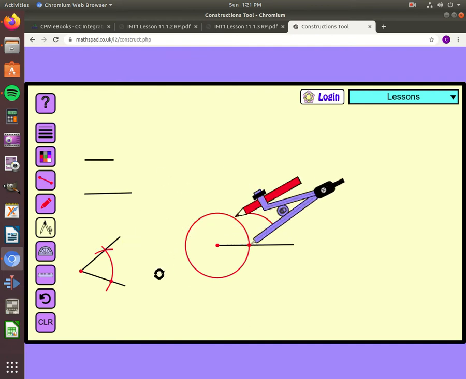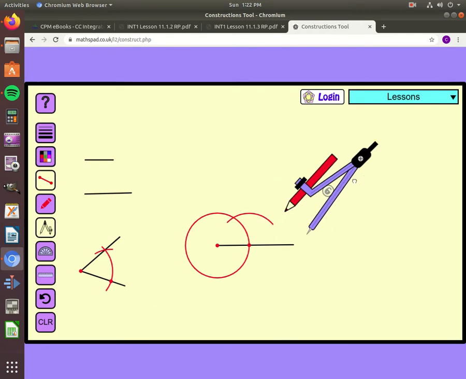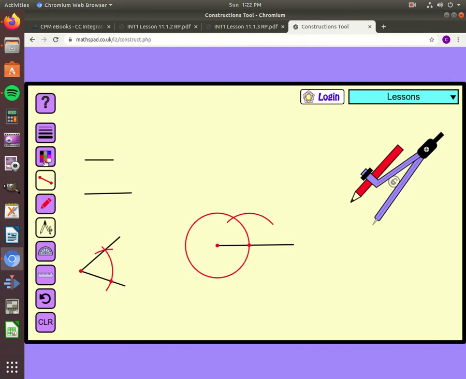Okay, so at this point, I know that if I connect these points from here up, I've copied this angle. So this angle is the same as this angle. And again, you can watch video 11.1.1 if you want.